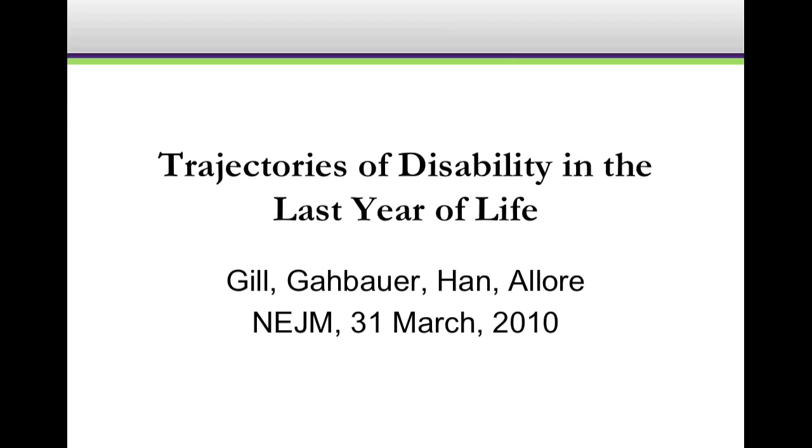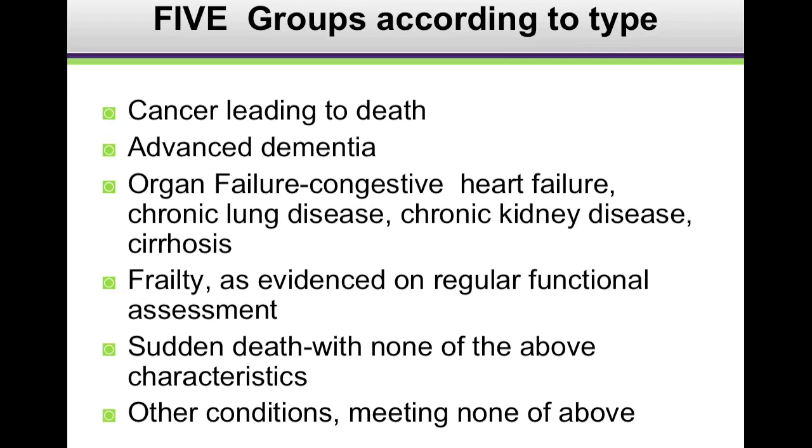What happened here was they looked at how individuals over 2 years tended to show disability. They looked at people who had these problems: cancer, advanced dementia, organ failure, and the organs that were in failure were the heart, the lungs, the kidney, and the liver.